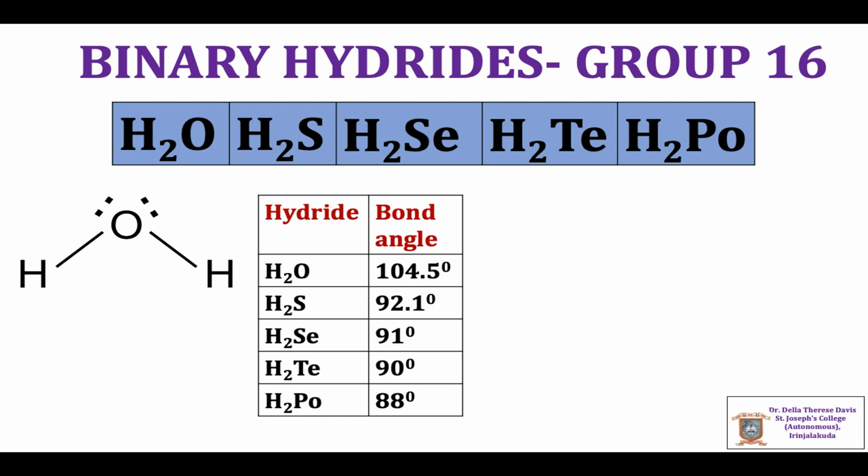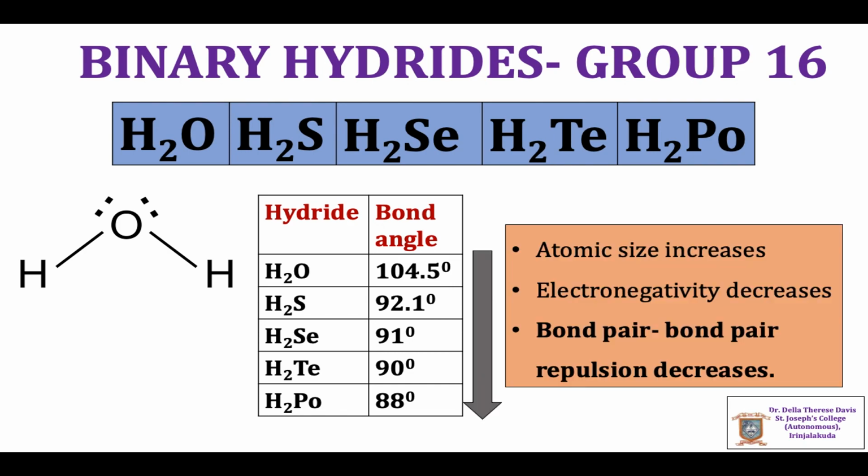The bond angles of the hydrides are, for water 104.5 degrees, for H2S 92.1. As we move down the group, the bond angle decreases. This is because as we move down the group, the atomic size increases and electronegativity decreases, and hence the bond pair repulsion decreases.